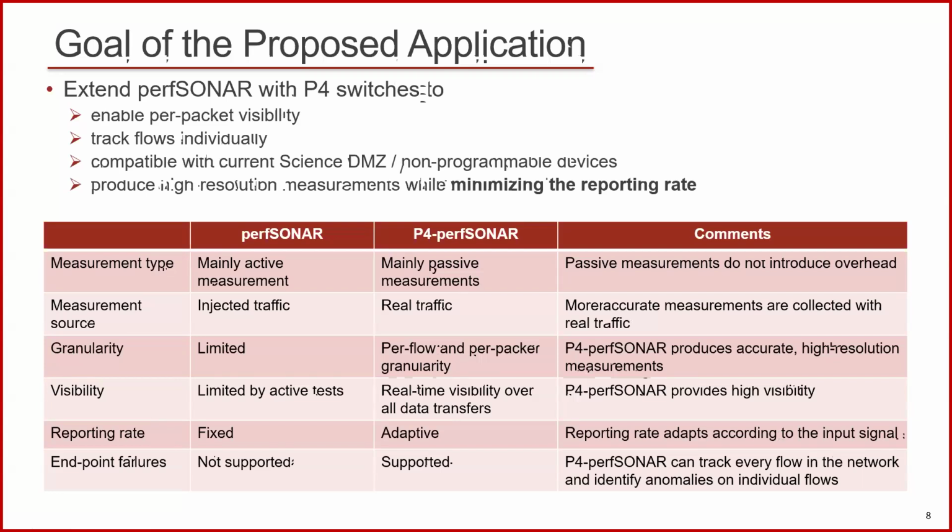Having passive measurement collection will allow us to reduce or eliminate the overhead on the network. The measurement source for perfSONAR is mainly the injected traffic. For P4 perfSONAR, it's the real traffic because, again, we are monitoring the real traffic, and monitoring the real traffic produces more accurate measurements.